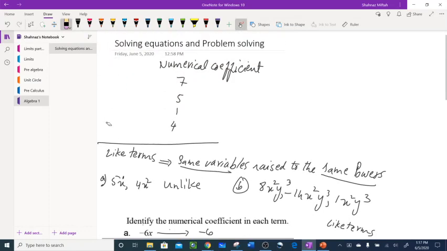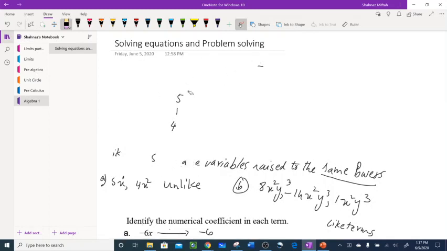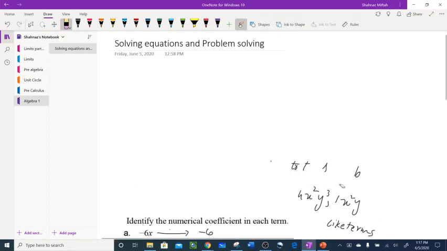Okay, remember the like terms and remember all the coefficients. Like terms means same variables and same exponents. Okay, perfect. Now let's go back there.